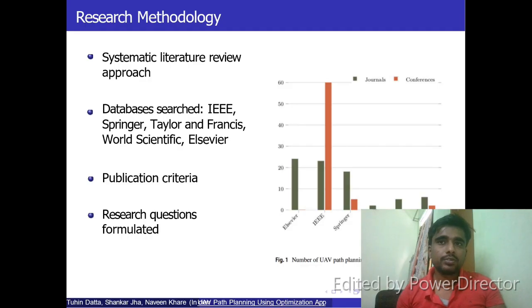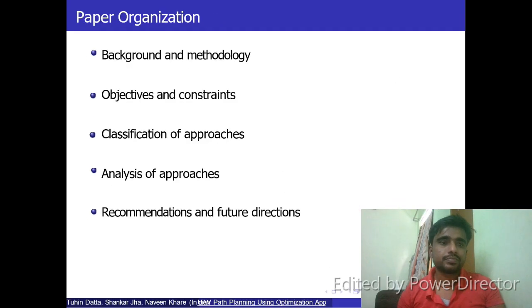The review included publications from conferences and journals that met specific criteria: articles in legitimate publications written in English, more than 4 pages long, published between 2000 and January 2022, making significant contributions to UAV path planning. To guide their research, the authors formulated specific research questions focusing on algorithms, parameters, simulators, environment types, and comparative analysis.